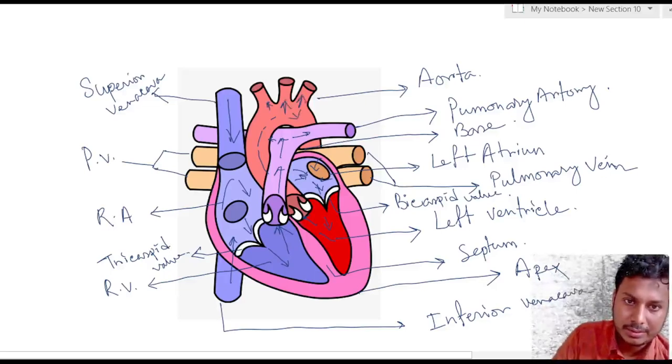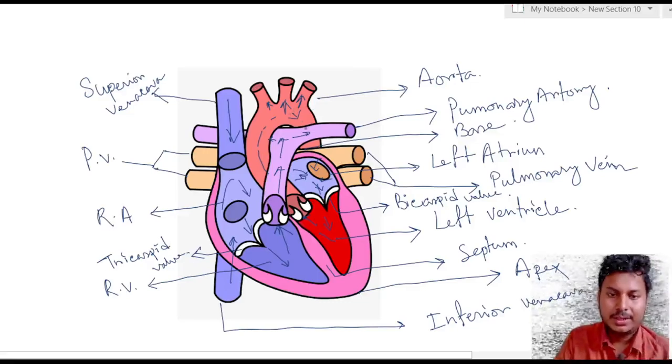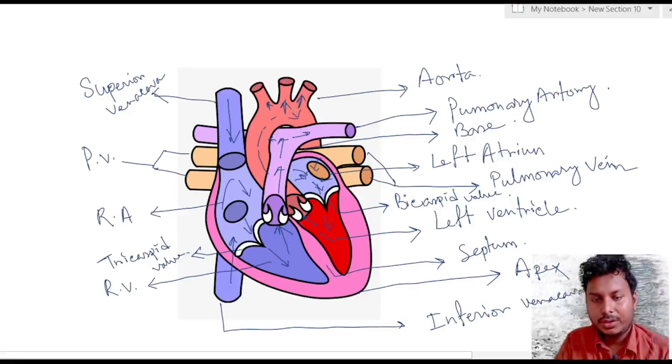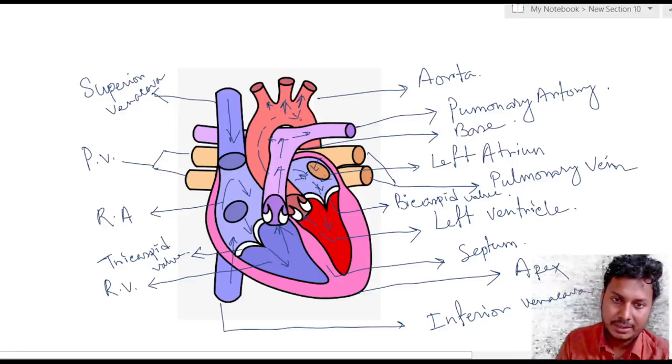This oxygenated blood moves to our body. When we take food, nutrition is absorbed in our blood, and that blood is distributed through our body. Similarly, oxygenated blood is also distributed to our body through the aorta, and this is the mechanism.